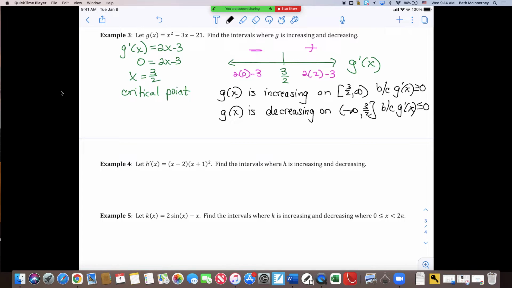All right, example 4. Now I'm given the derivative, okay? So pay attention to that. I'm actually given the derivative. So to do my critical numbers, they've already done the hard work for us. My critical numbers are 2 and negative 1.